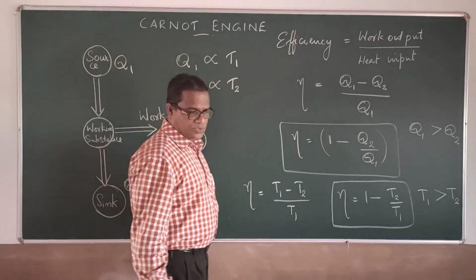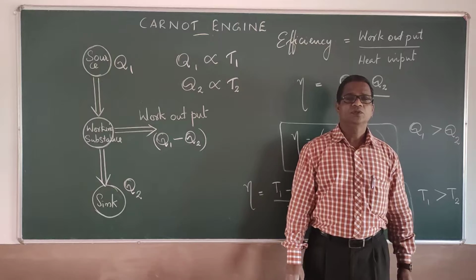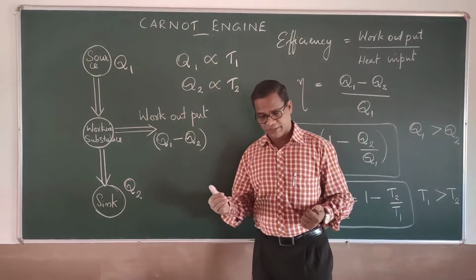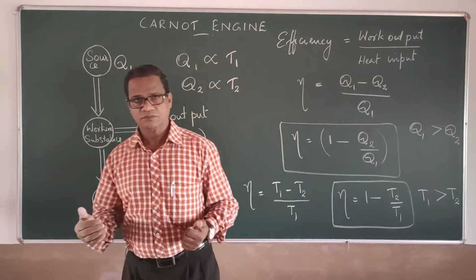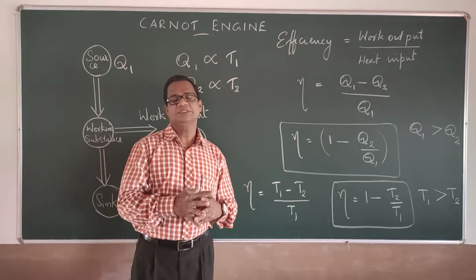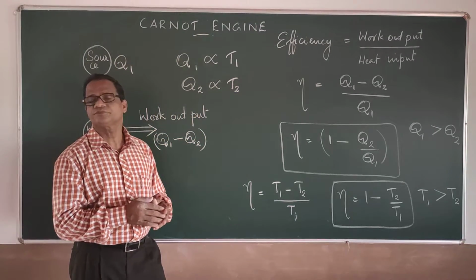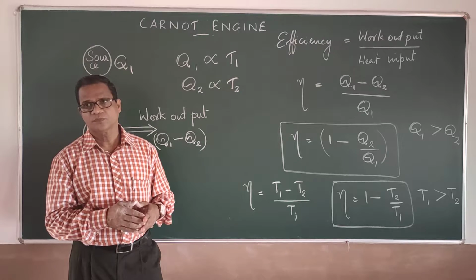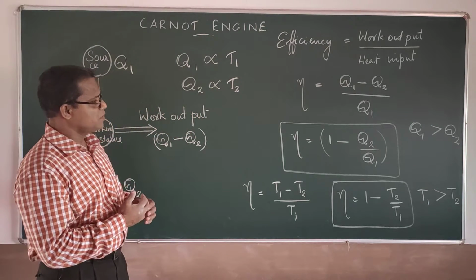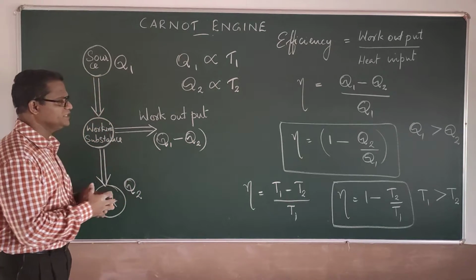Using this equation you can find the efficiency of the heat engine, and remember, there is no way you get a 100% efficient heat engine. Some amount of energy is lost during its operation. That's all about the efficiency of the heat engine.